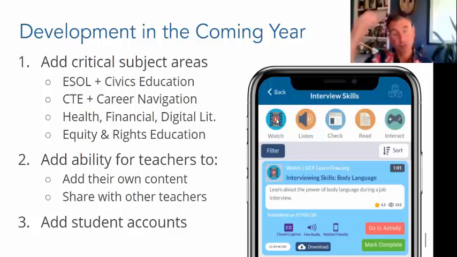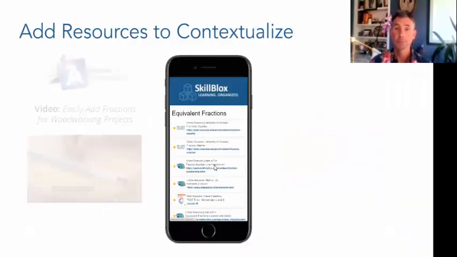This is not real, what you're seeing; this is a mock-up that we're playing with to see what things students might want to sort by and how we present content. But basically by next year, students will be able to self-explore some of these areas and find resources based on the modality or type of resource they want to look at, how long it is, how other students have rated it, whether it's mobile friendly, and other fields.